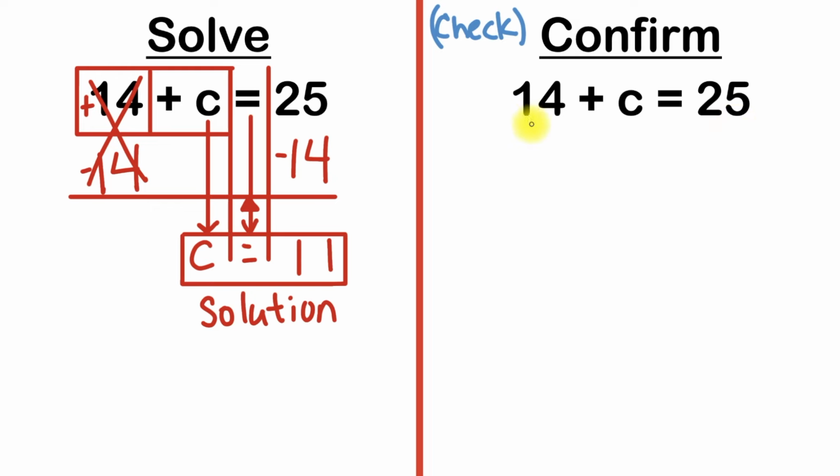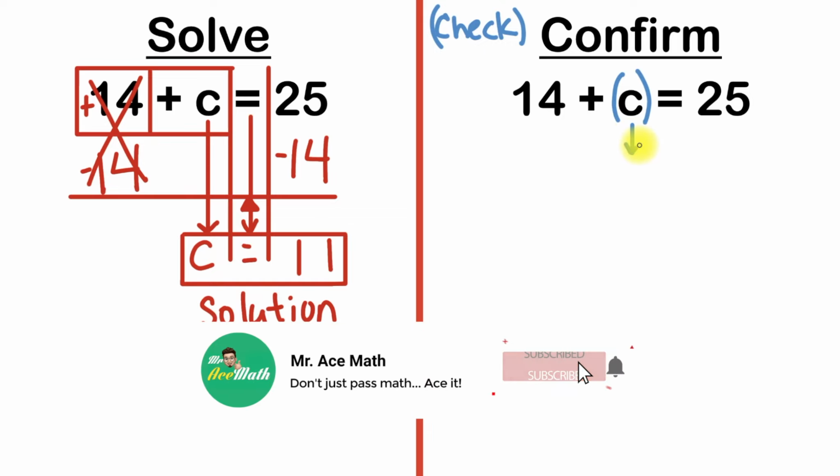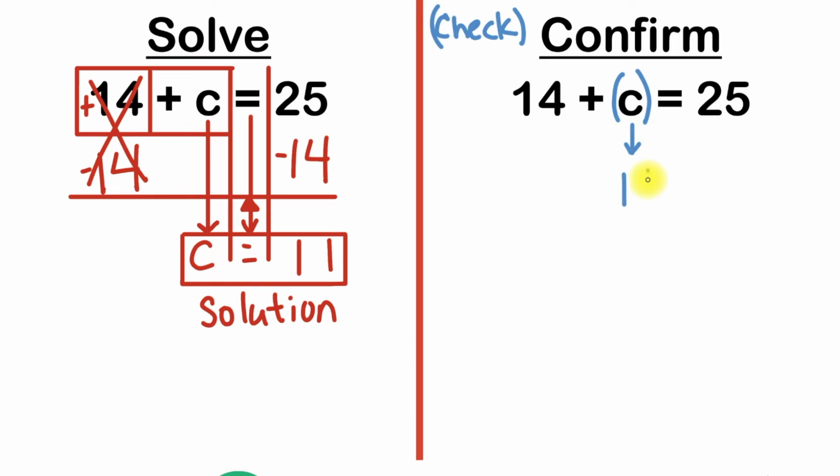In this case, it's 14 plus c equals 25. I also like to put parentheses around my variable. So now I'm going to rewrite it, but instead of writing c, I'm going to write the value 11. So here, I'll write 11, and then bring down everything else in the equation.